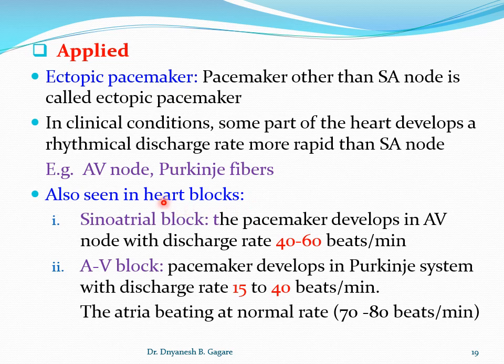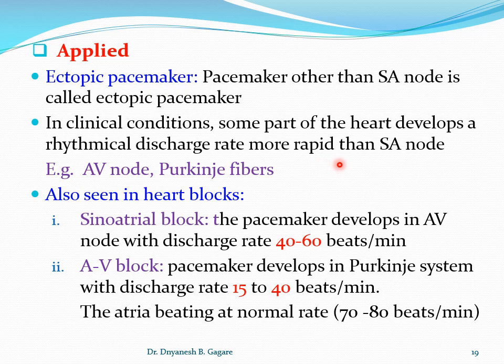In some clinical conditions, some part of the heart develops a rhythmical discharge rate more rapid than the SA node. There are different causes of an ectopic pacemaker, and one of them is an increased discharge rate.